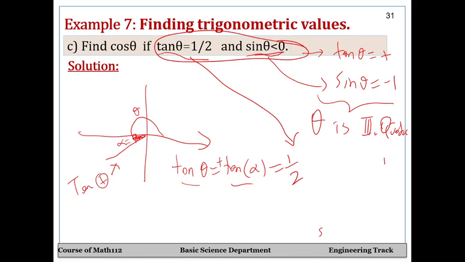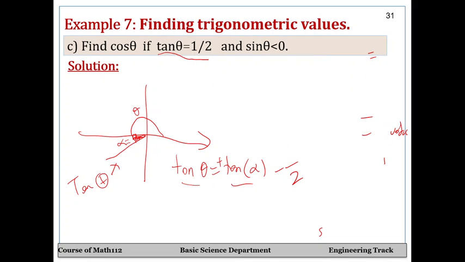Then set up the right triangle. Alpha, 1, 2, and here by Pythagorean theorem, 1 squared plus 2 squared, square root 5.